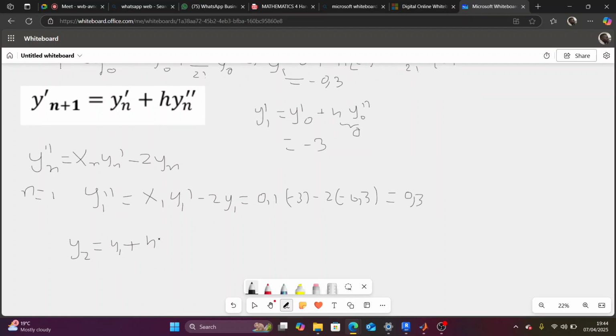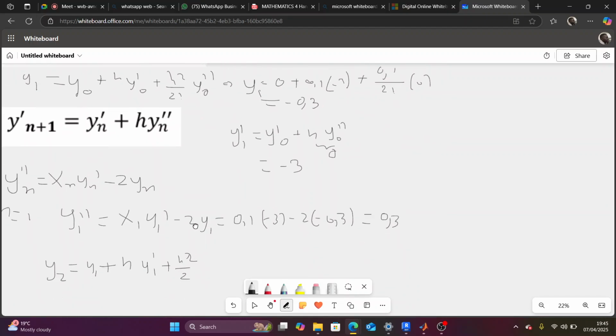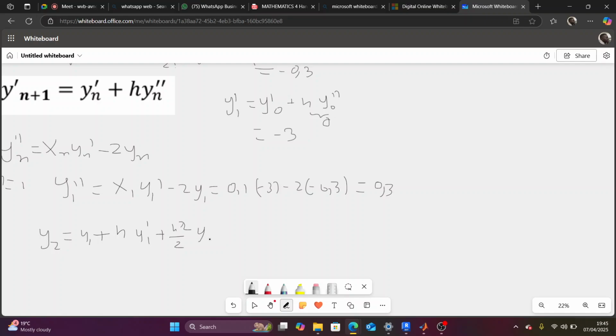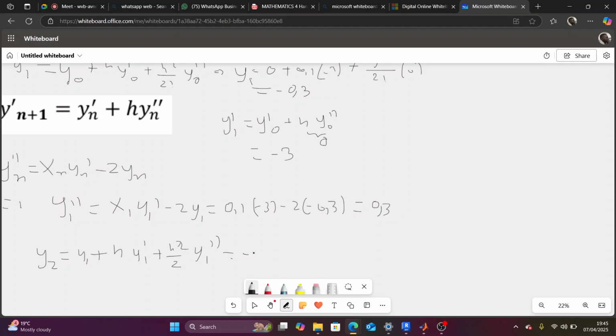Y prime 1, plus h square over 2 multiplied by y1 second, like this. Now you can substitute. What is y1? You've got y1 minus 0.3, plus, what is h? What is the step given again? I think it's 0.1. What is y1 prime? Minus 3.